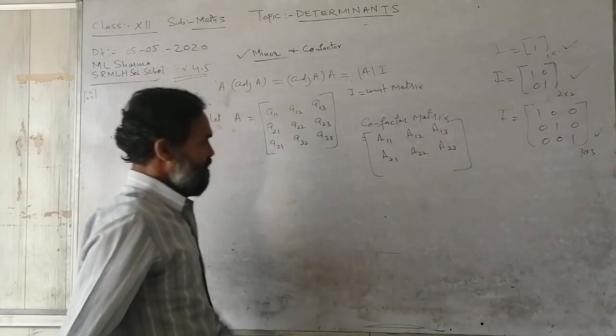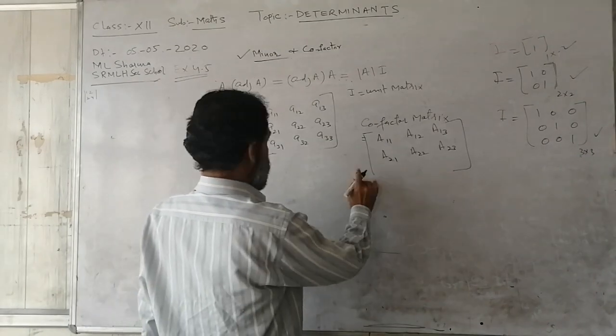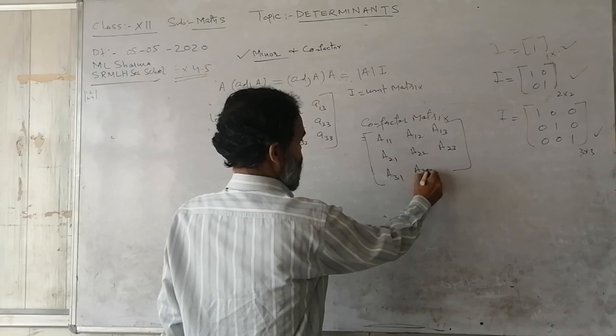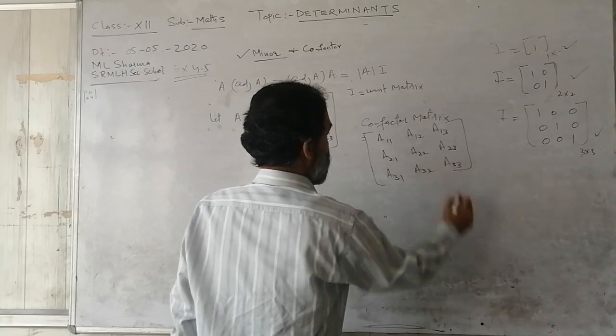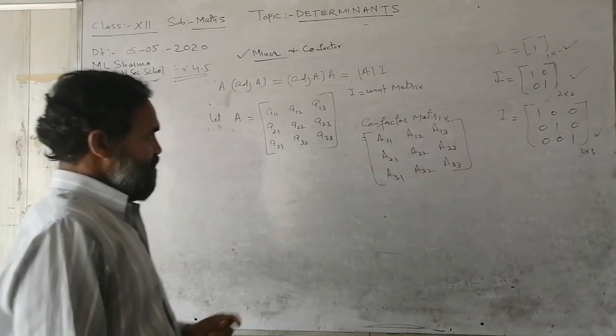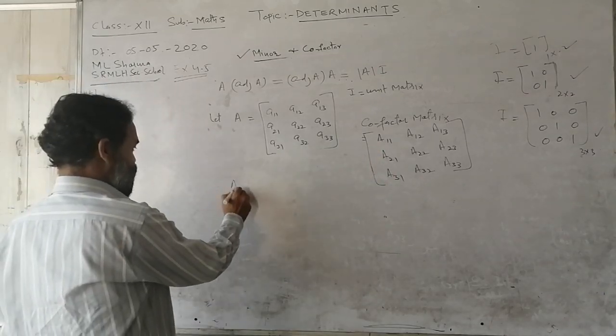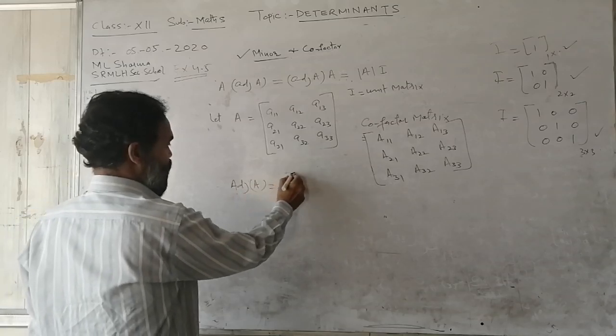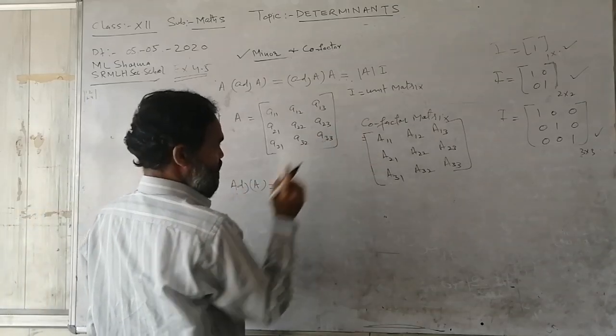This is the cofactor matrix of the matrix A. It is of order 3 by 3, and again for its adjoint, I will take the transpose of this.